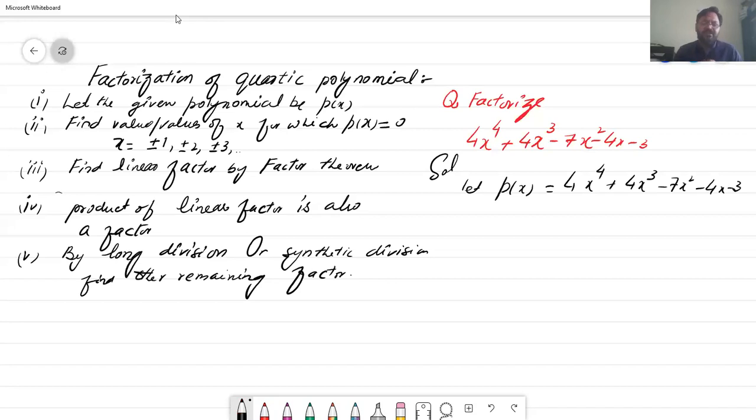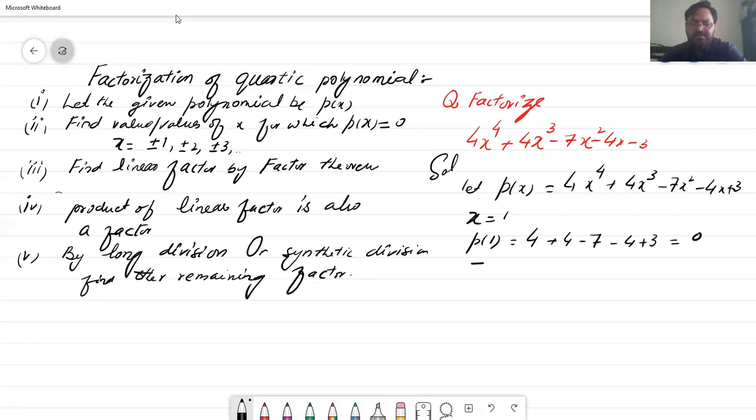That's the first method, by using the factor theorem. If I put x equal to 1, what is the answer of p of 1? That becomes 4 plus 4 minus 7 minus 4 minus 3, which is 0.